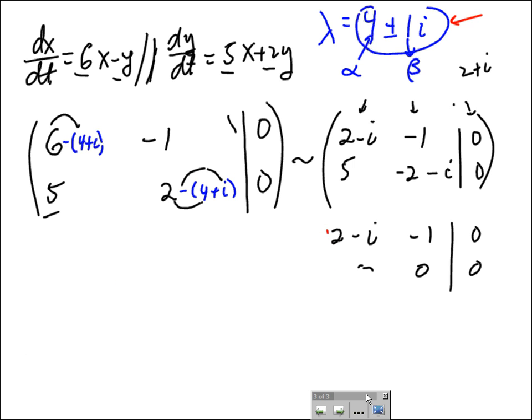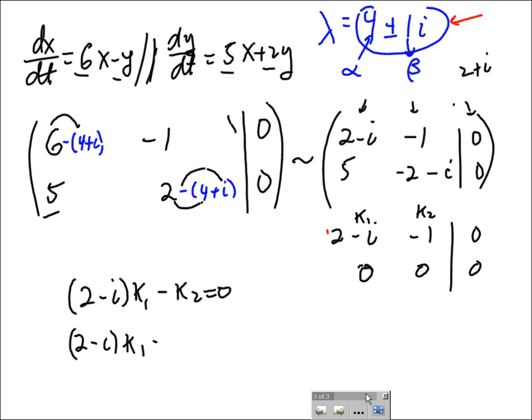Okay, so now we could solve this equation. So this is K1 and this is K2. So we have 2 minus i times K1 minus K2 equal to 0. That means 2 minus i times K1 equals K2.